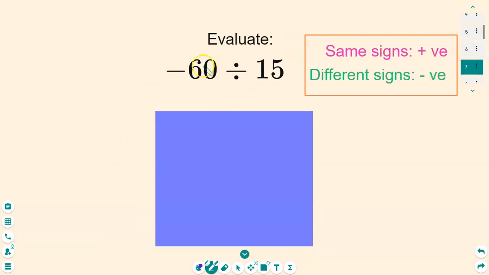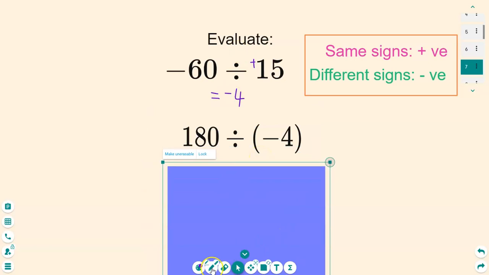Powering through. Negative 60 divide 15. Well, what's 60 divide 15? That's 4. Negative divided by a positive, different signs gives negative. 180 divide negative 4. Ignore the signs. 180 divide 4 is 45.